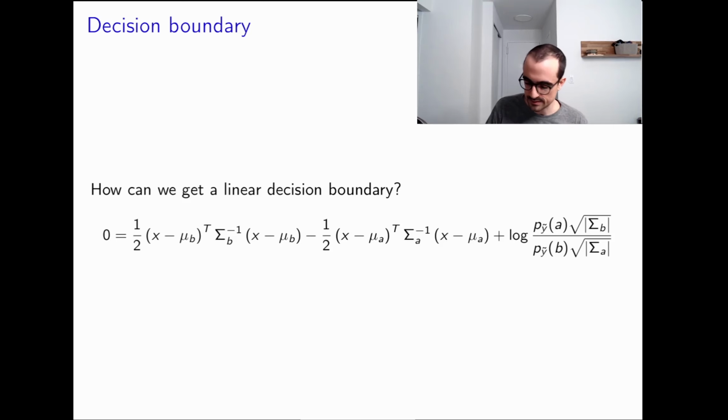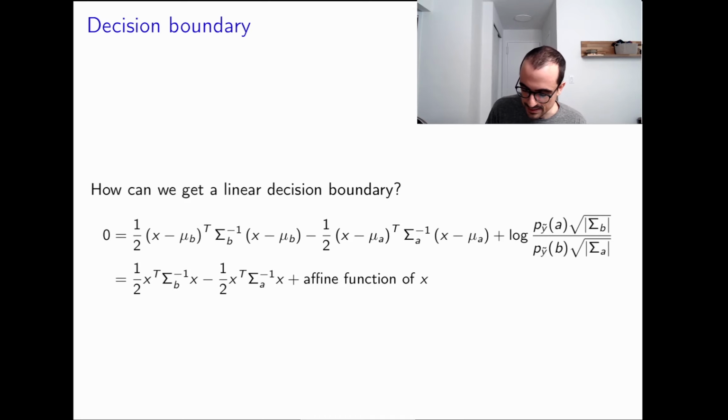Well, we derived this equation for the decision boundary, and what you have to realize is that if you expand this out carefully, the quadratic part looks like this, and then there's this minus, and then there's this other quadratic part here. And if you set the two covariance matrices to be the same, then these just cancel out.